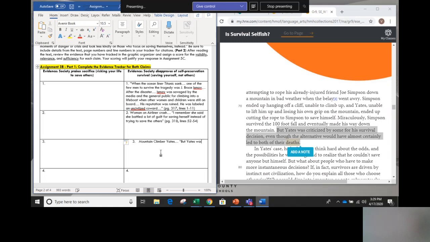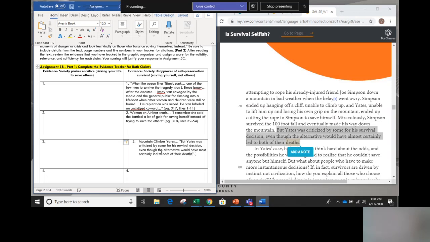But Yates was criticized by some for his survival decision, even though the alternative would have most certainly led to both of their deaths.